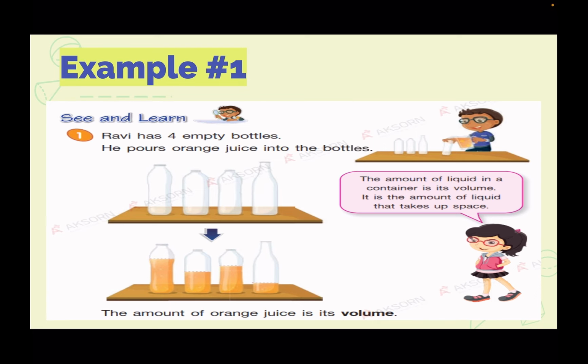Volume means the amount of liquid that takes up the space. So the amount of orange juice is its volume.